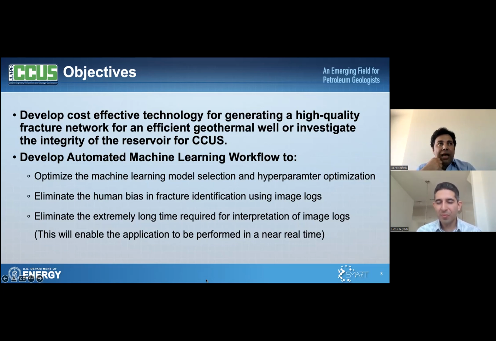In addition to that, we send these images and it takes months for the expert to come up with the rose diagrams, the nice images, and the number of fractures. But after you log the well, you have at most a week to go and do the completion.